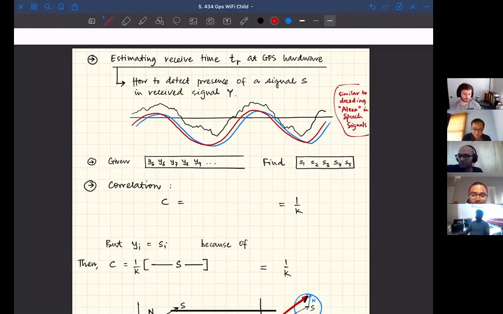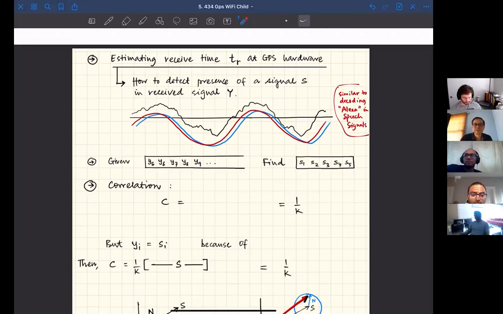So the detection is the same problem, but the GPS also needs to figure out exactly what time did the signal arrive, which our Amazon Echo and our Siri devices don't have to do. They don't care about exactly that time. They just care about the presence, the detection of that word.